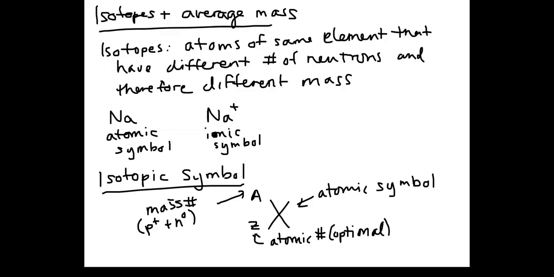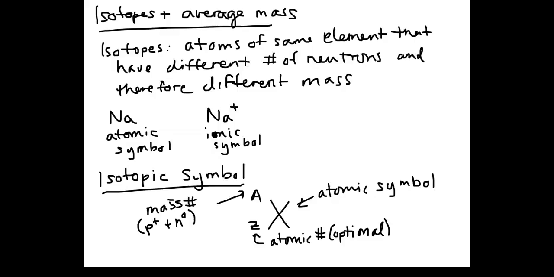How do you already know what the atomic number is? If you look at the periodic table and you look at this symbol, you know what the atomic number is, okay? So you can not include that, that's optional.